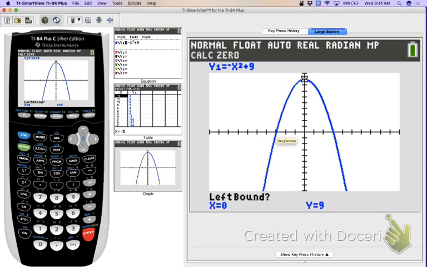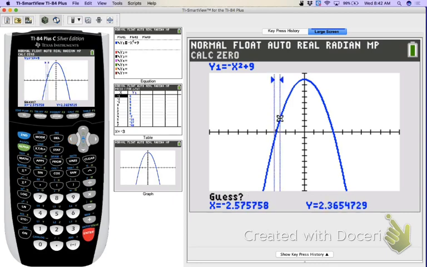So zeros talk about my x-intercepts. If I zoom out, you can actually see. I need to be on the left side of one of my intercepts, so I'm just going to arrow over until I'm on the left side. Obviously I can see that it's probably going to be at -3, but I want to make sure that I'm on the left side, then on the right side.